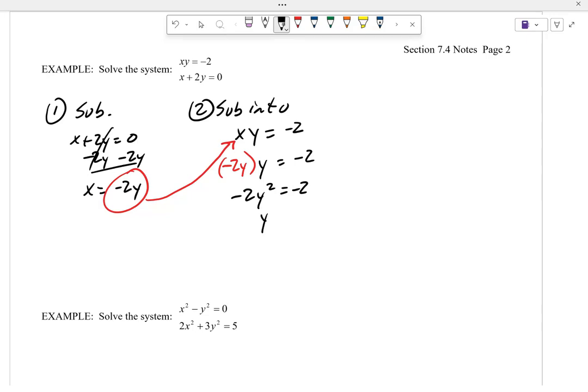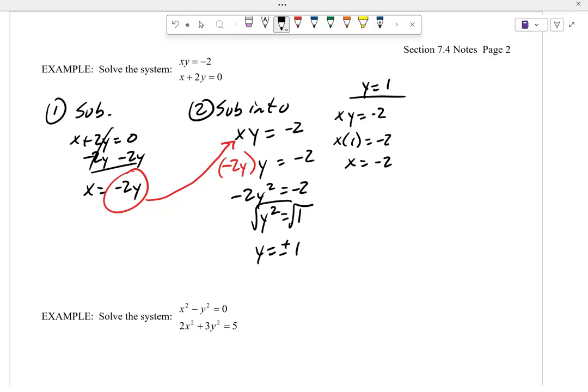Divide by negative 2, and I get negative 2 over negative 2 is positive 1. So it's proposing plus or minus 1 for y. Okay? So if y is 1, if I plug it into either one of these, x times y equals negative 2, x times 1 equals negative 2, I get x being negative 2.